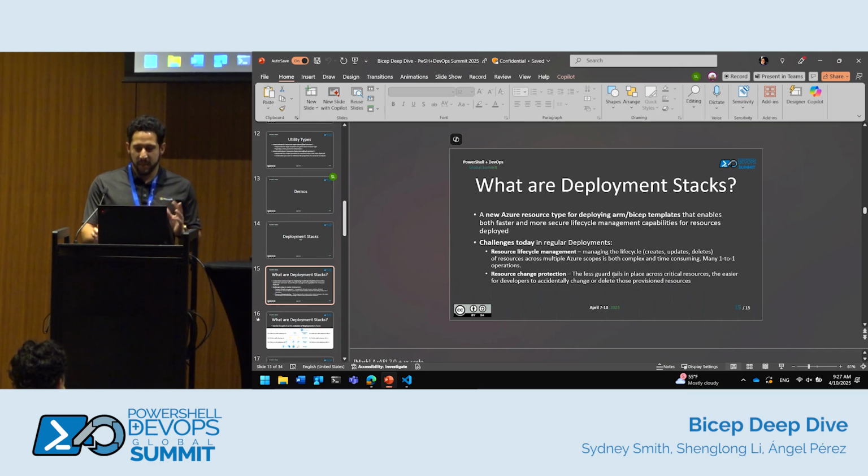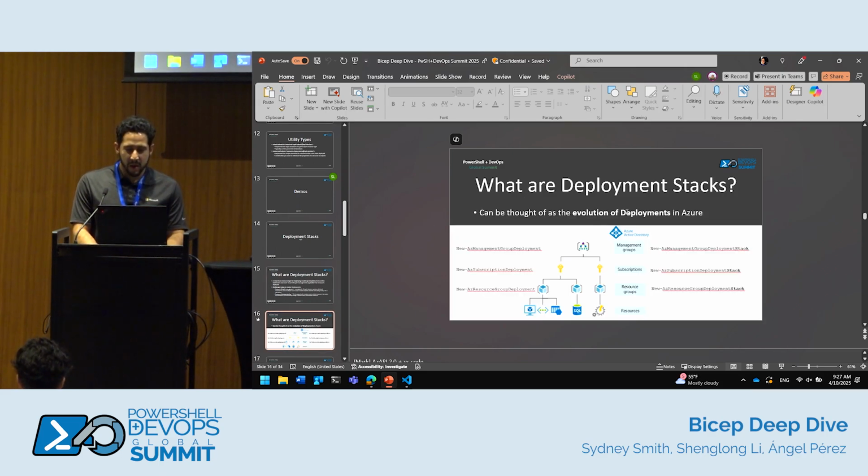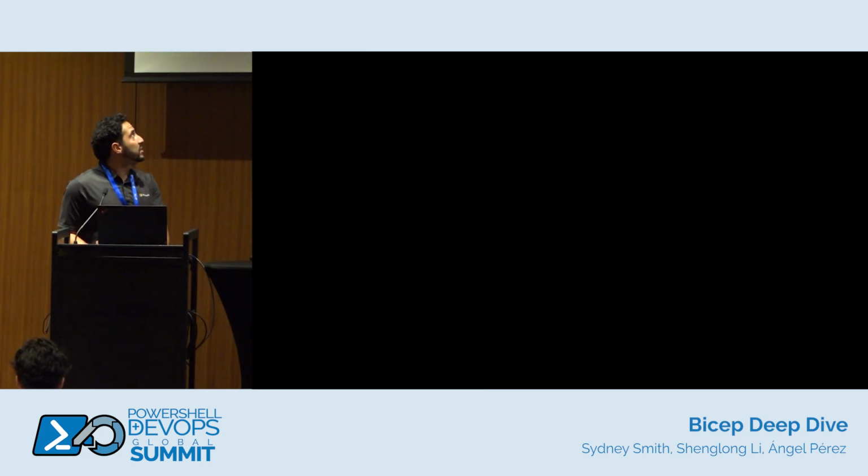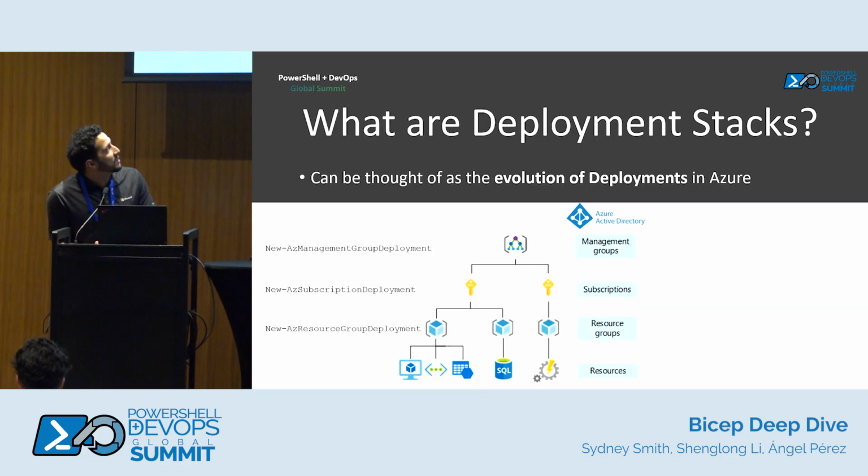And let me talk about this a little bit more visually. So let me put this in presentation mode, because I'm very proud of the animation I added. So deployment stacks, regular deployment lingo in Azure. We have our management groups, we have our subscriptions, we have our resource group scopes.